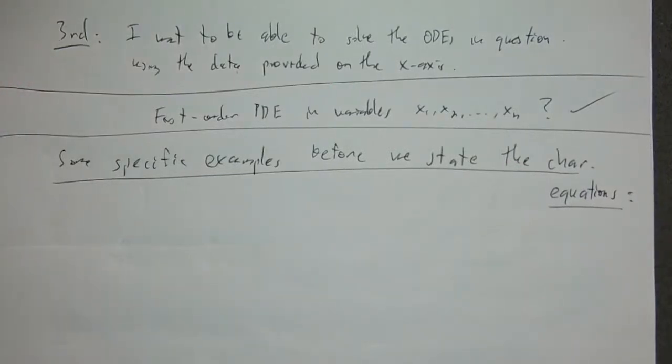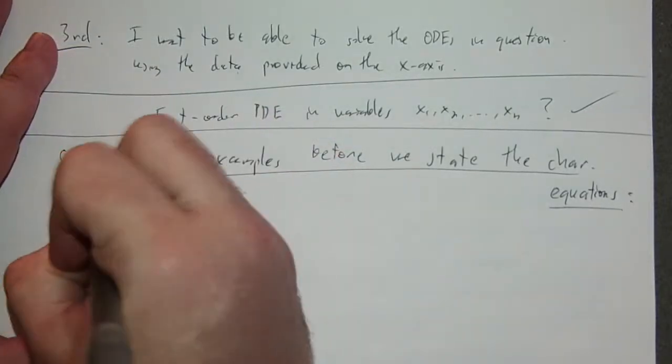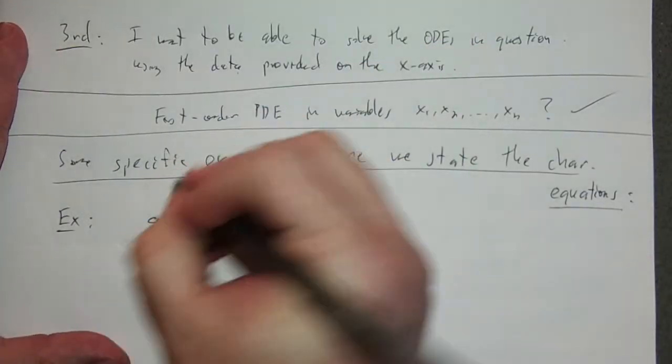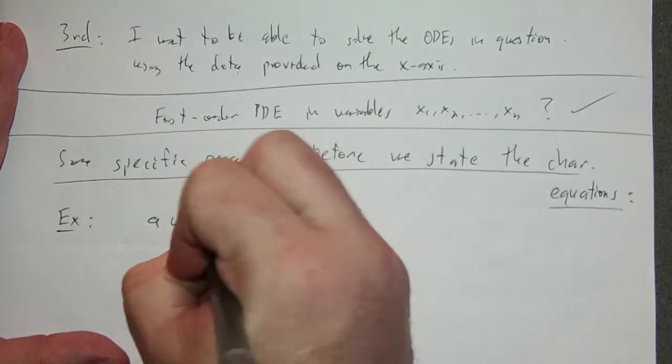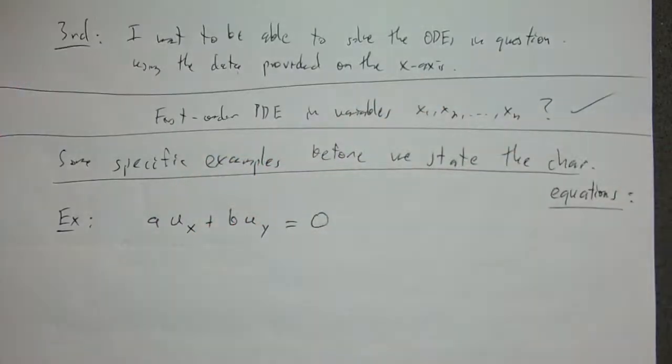So let's start with the following. Let's say we have the PDE A u sub x plus B u sub y is equal to 0. No other data. This is the PDE and that's it.